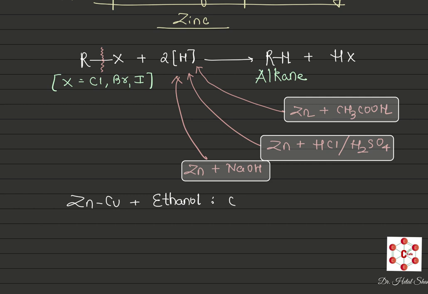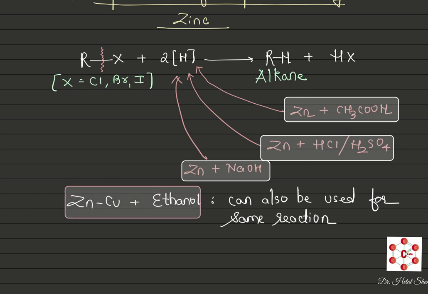This can also be used for the same reaction. This system is a little different, but you still can use all of this. Although it may not produce nascent hydrogen, so I'm not putting it exactly along with nascent hydrogen. But yes, it can be used for the same thing.